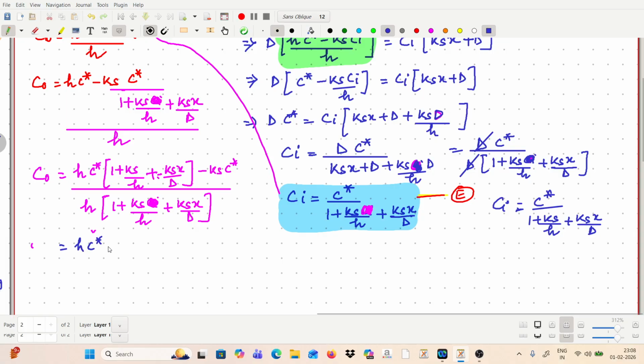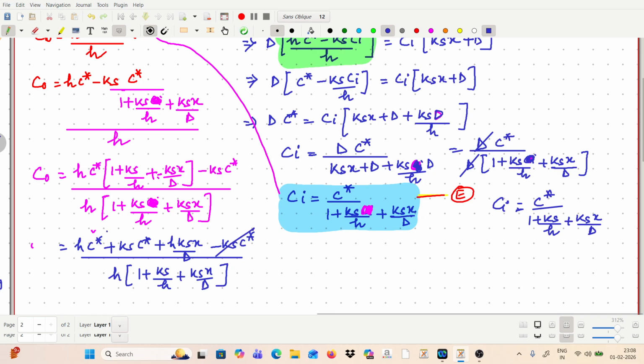Now I can write H C star plus KS C star plus H KSX by D minus KS C star upon H 1 plus KS by H plus KSX by D. So this should cancel out, KS C star, and H is also common everywhere.